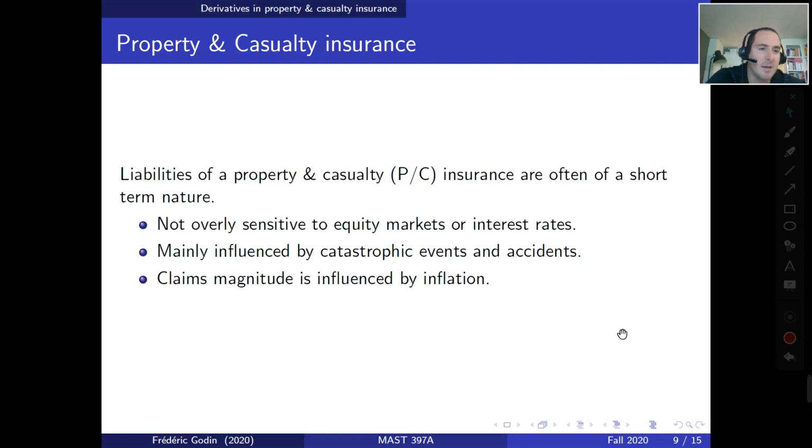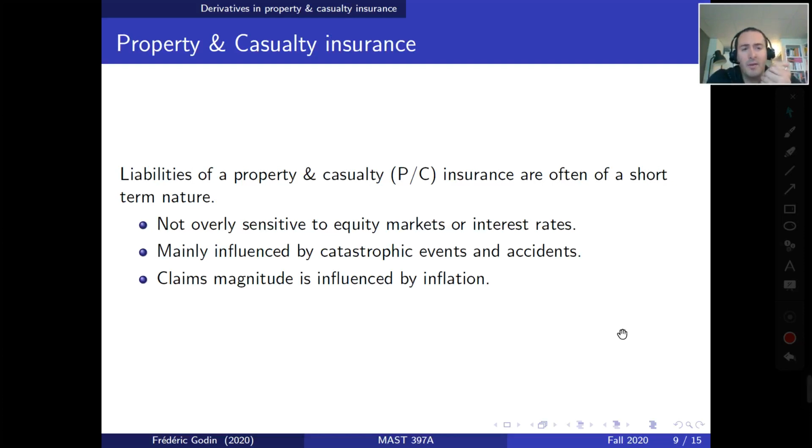If there's a big catastrophic event, the equity markets might plunge. So it's not fully independent, but the relation between benefits and equity markets is not as strong as for a life insurance company, whose benefits, as we discussed in the variable annuities case, are directly tied to the performance of the stock market.